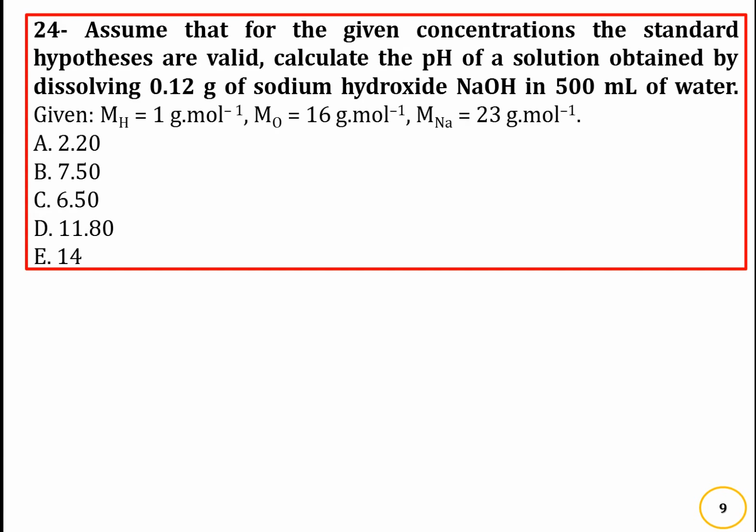Exercise 24. Assume that for the given concentrations, the standard hypotheses are valid. Calculate the pH of a solution obtained by dissolving 0.12 g of sodium hydroxide NaOH in 500 milliliters of water.